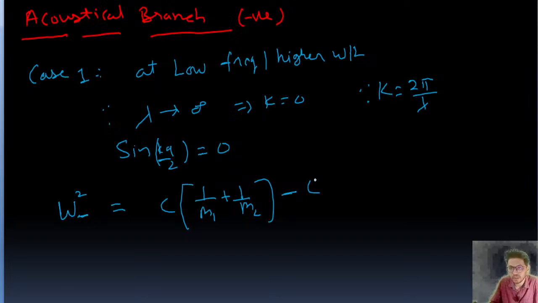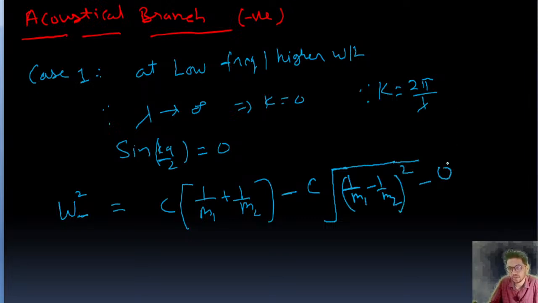So this is c root of 1 upon m1 minus 1 upon m2 whole square, minus the sine term, which is 0, right?